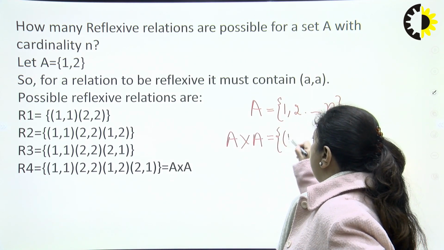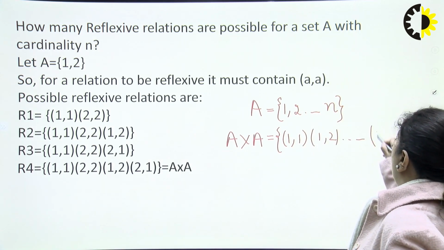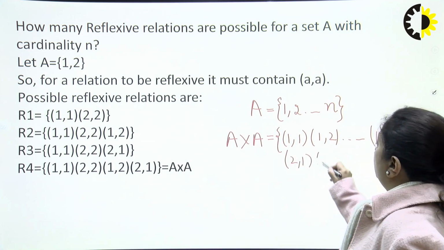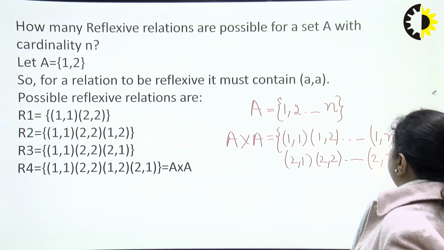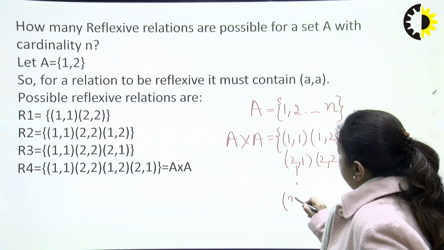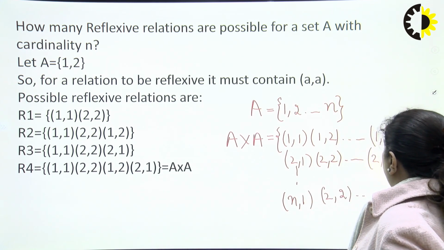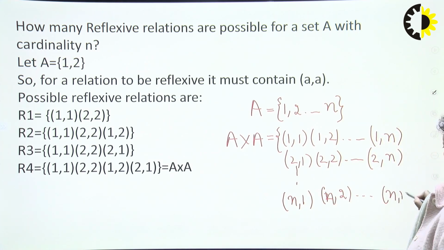Suppose it is containing 1, 1, 1, 2 up to 1, n. Same way 2, 1, 2, 2 up to 2, n. And this will go on for n elements, that is n, 1, n, 2 up to n, n.